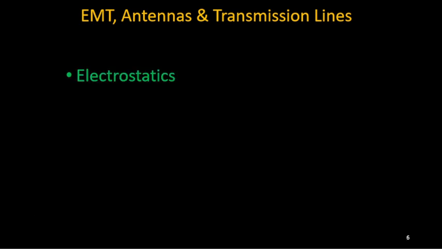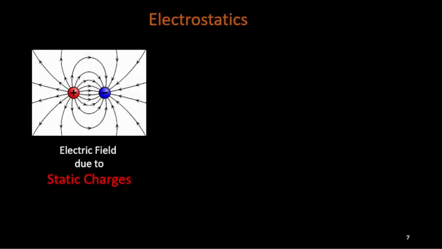Now the first topic in this EM theory is electrostatics, and electrostatics deals with static charges. Meaning, if the charge is at rest, not in motion, then whatever field it generates or whatever potential we get in the space, everything will be discussed in electrostatics.